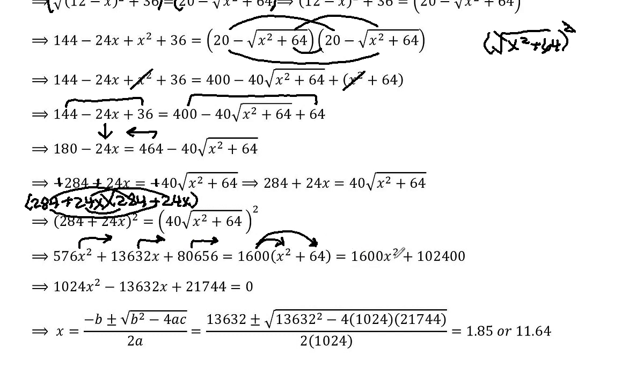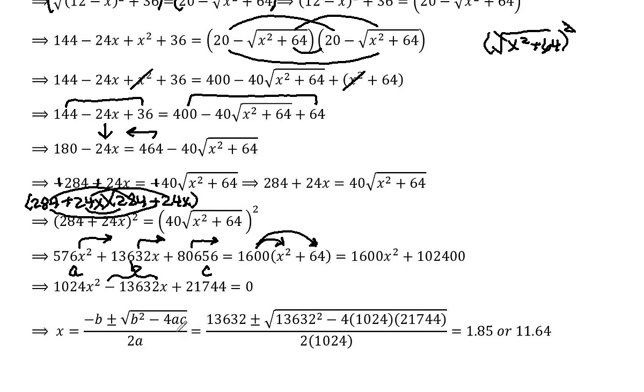So 1,600x squared minus 576x squared leaves us 1,024x squared. This guy comes over as a negative, right there it is. And we got 102,400 minus 80,656, that's the 21,744. And then 0 is left on the other side. And now this is all set up for quadratic formula. So A is 1,024, B is negative 13,632, and C is 21,744.